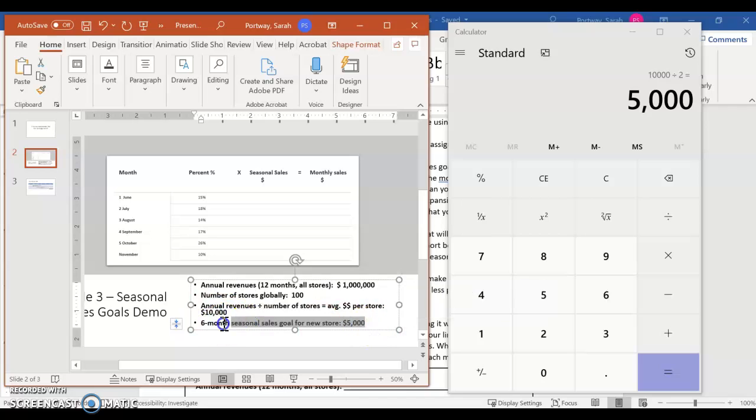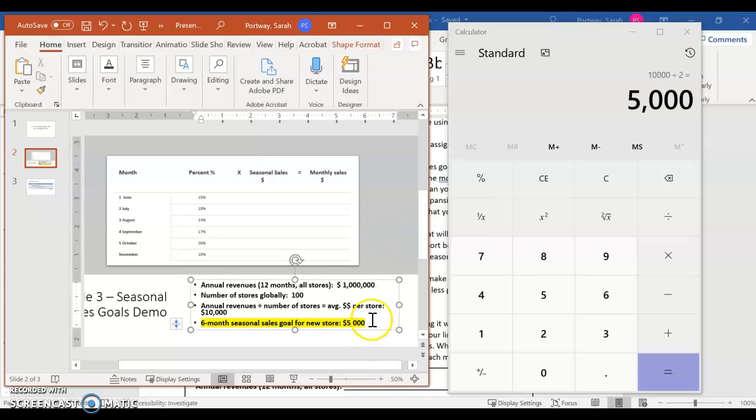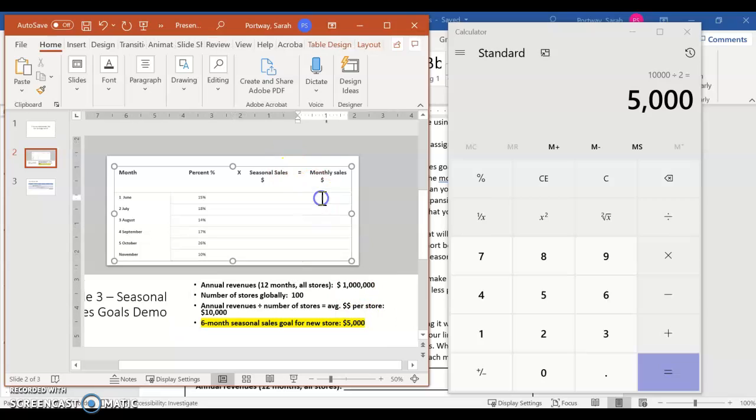So this is how you would get an estimate. And again, I'll reiterate, it is just an estimate, but there's a way of working backwards, and we can reasonably expect that our new store should be making about $5,000 for a 6-month period. So now we know that we need to make $5,000 for the seasonal sales, right?